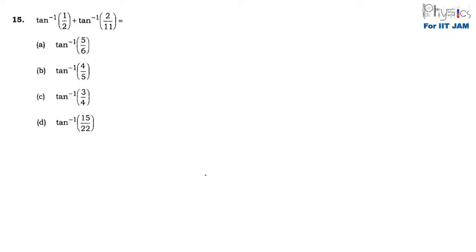Okay, I think I should proceed. Here we need to calculate tan inverse half plus tan inverse 2 by 11, that is, tan inverse A plus tan inverse B. Now we have to remember the formula for tan inverse A plus tan inverse B. If you don't remember, I will write it for you.